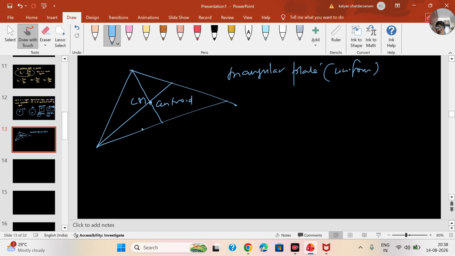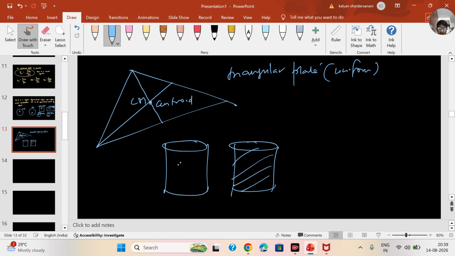So for all these standard objects, it is the geometric center. What about a cylinder? Again, hollow cylinder or solid cylinder, center of mass is here only. Okay, this is very standard. Even if we integrate, we get it. Or a rod, for example. If you take a rod, center of mass is at the geometric center. We can derive all these integrations, but I'm not doing that, just giving you the result.